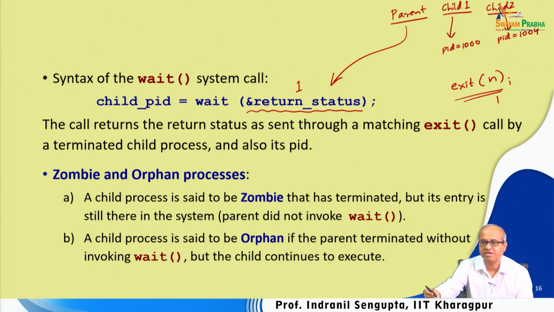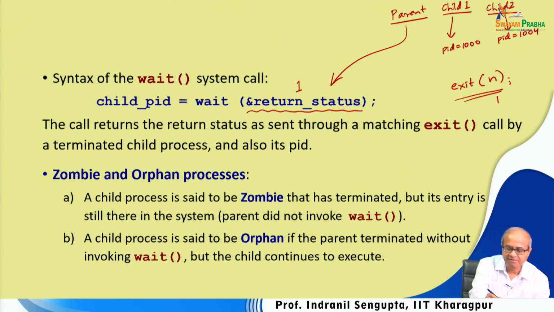It can be child 1, it can be child 2. If child 1 terminated, then the return value of wait will be 1000. This child PID will be 1000. So, the parent can check the return value, the child PID, and know which of the two child processes actually terminated, whether it was child 1 or it was child 2, right.